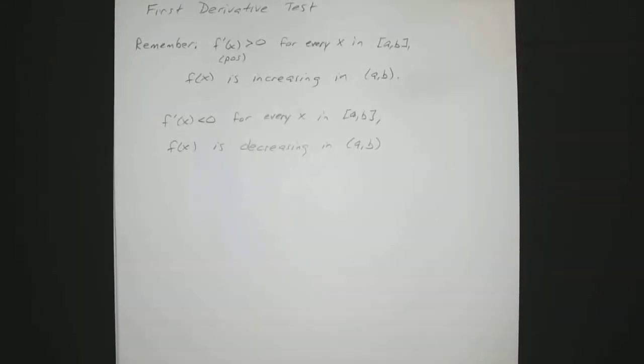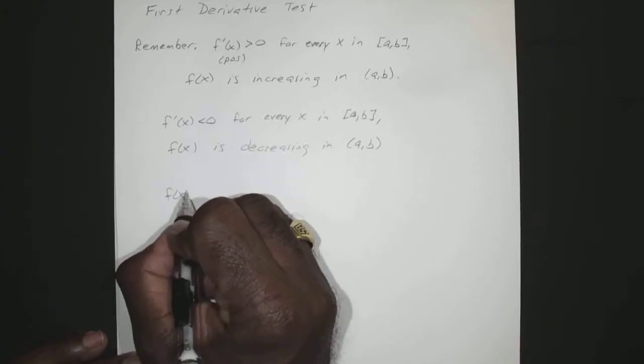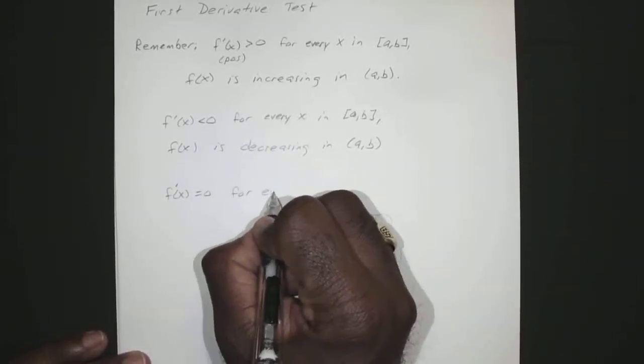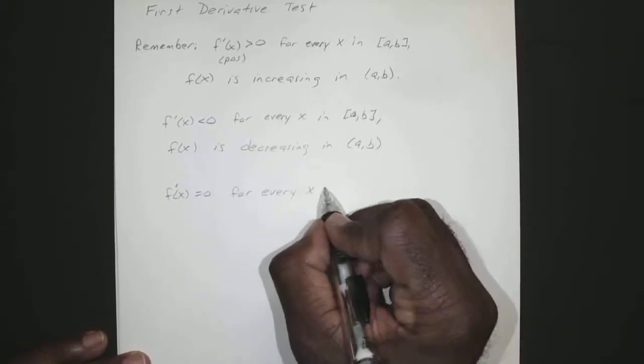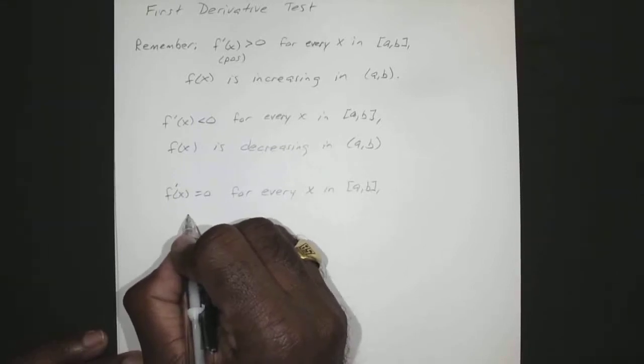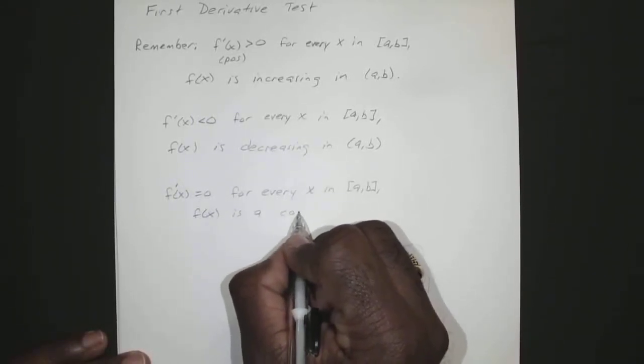And we know if the slope is equal to 0, then the function is a constant. So f prime of x equals 0 for every x in the interval, then that means that f of x is a constant.